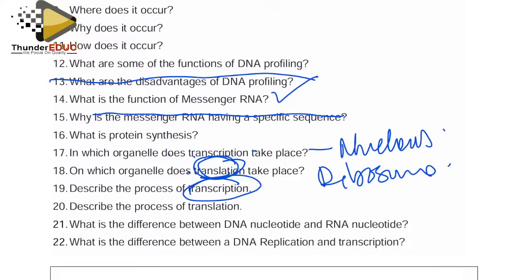They are saying describe the process of transcription. How do you describe it? You talk about the DNA double helix unwinding, the weak hydrogen bonds breaking to form two separate strands. One acts as a template for the formation of messenger RNA using free floating messenger RNA nucleotides from the nucleoplasm.